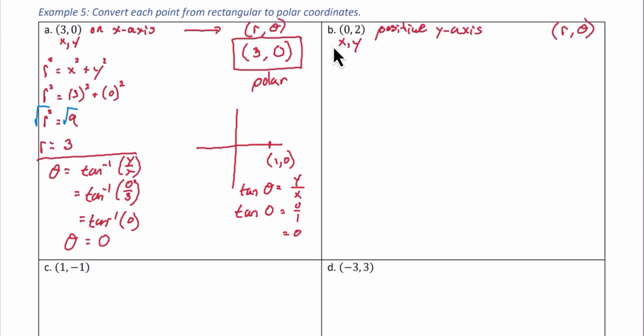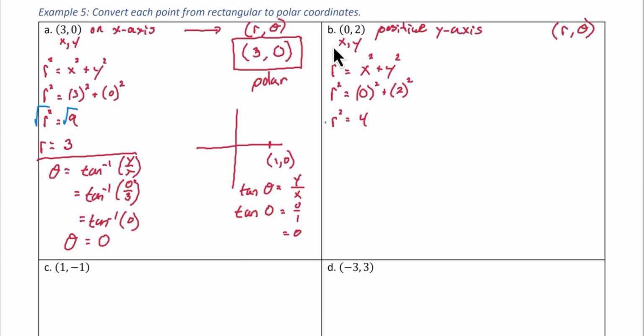Let's start again with r. It's usually the easiest. R squared is x squared plus y squared. R squared is equal to 0 squared plus 2 squared. R squared is 4.